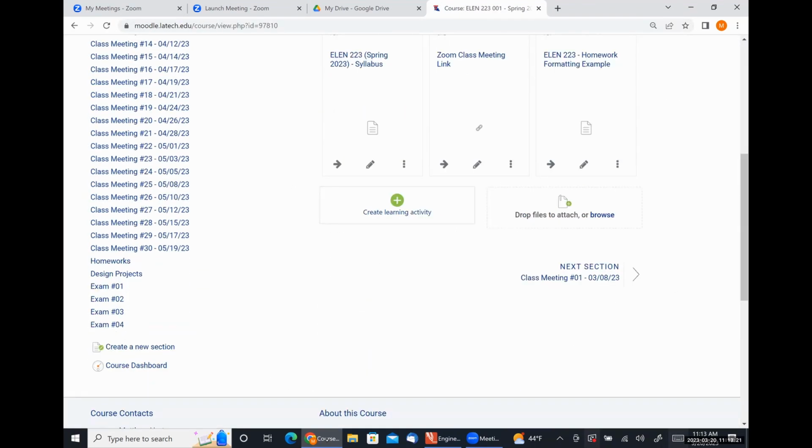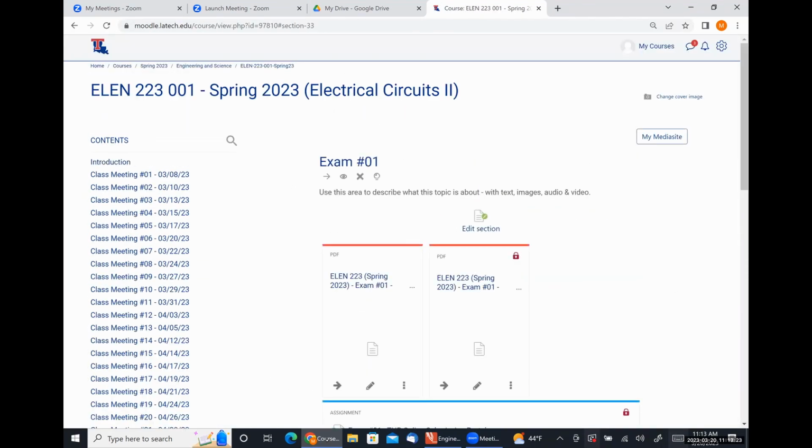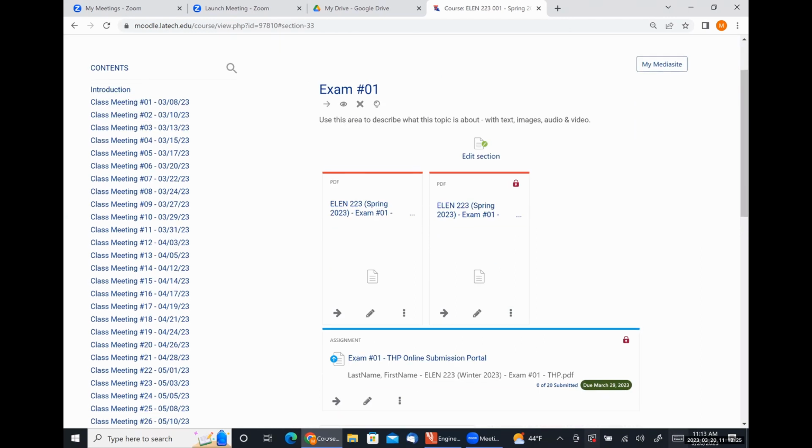If we scroll down to where it says exam 1, you guys probably can't see this yet because I've already uploaded your take-home portion so that I don't forget to do it. Lock is going to open up at probably noon, I think, on that Friday. But this first link doesn't have a lock on it, which means you can look at it now.